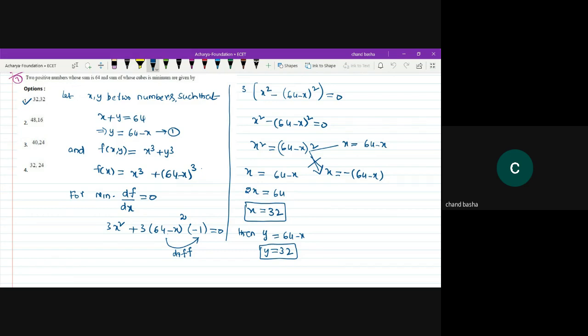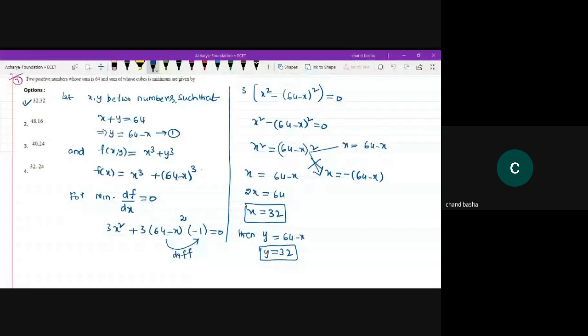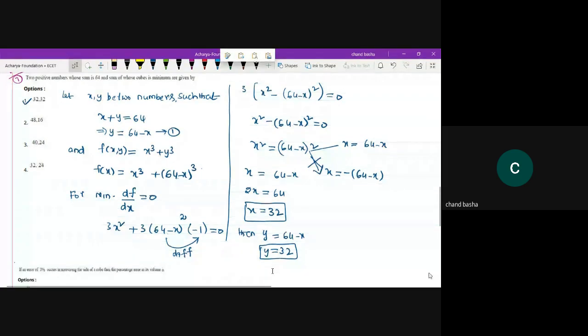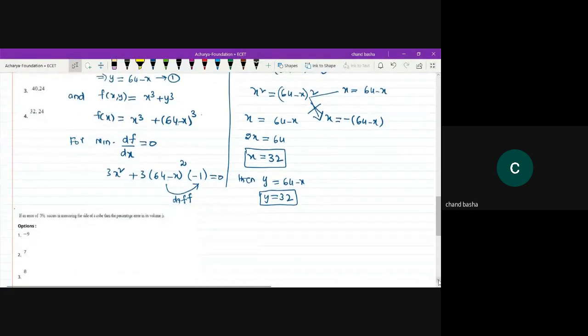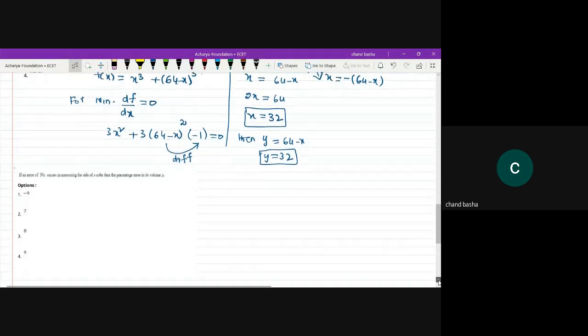Next. Right, this is the next problem. Error of 3% occurs in measuring the side of the cube.